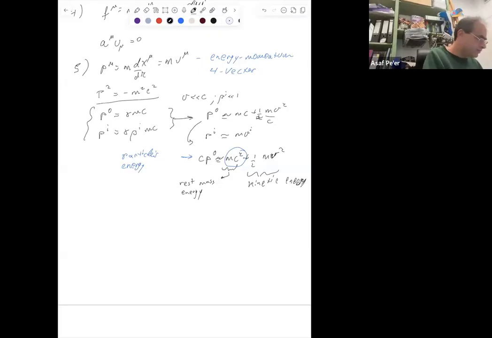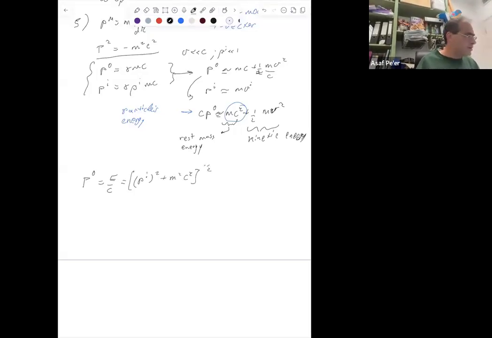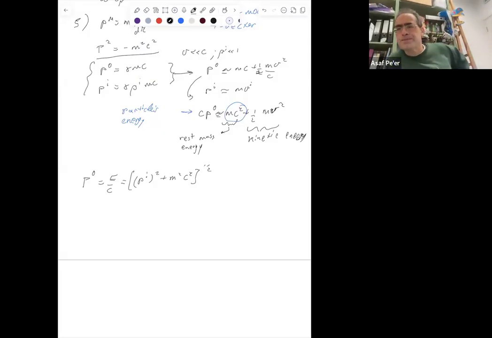Using that result here, we can write down that P0, which is E over c, is just (p_i squared plus m squared c squared) to the power 1/2, which is known as the Einstein's energy relation.